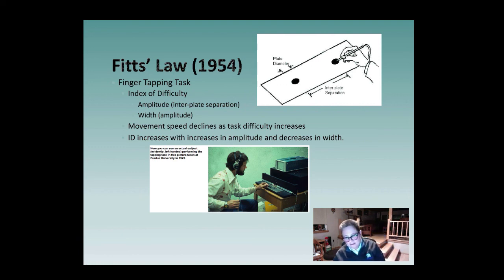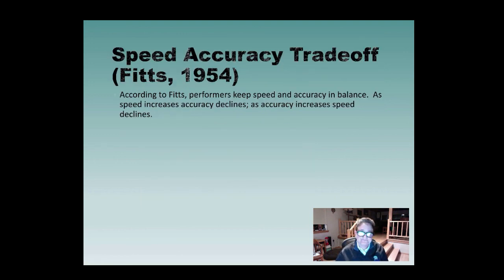You could see this old picture here from 1975. According to Fitts, performers actually keep speed and accuracy in balance because as speed increases, accuracy declines, and as accuracy increases, speed declines. So we have to be concerned about that.